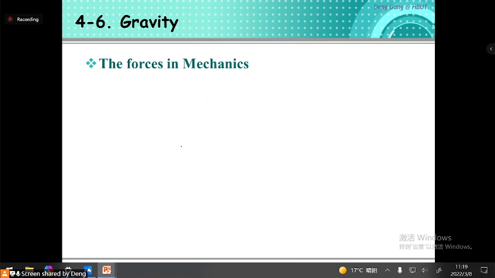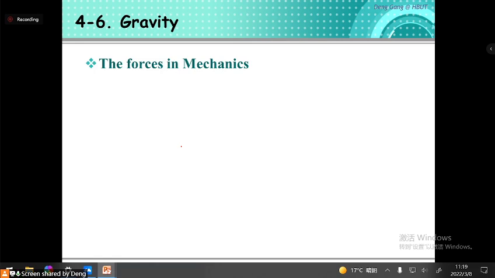If we want to use, for example, the second law, F, the force, we want to know the feature of each force so that we can use the right equation instead of a simple letter F in that equation. So in this section, we are going to investigate the forces in mechanics.